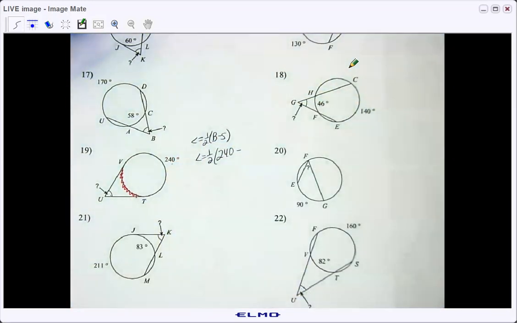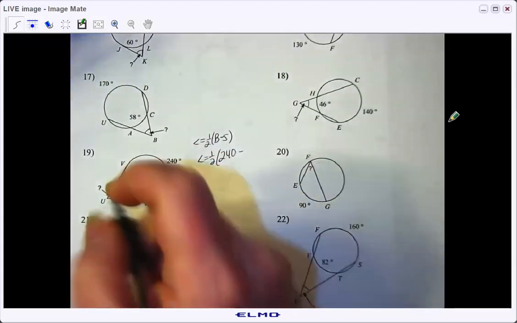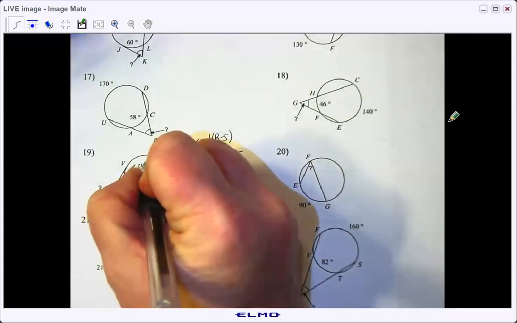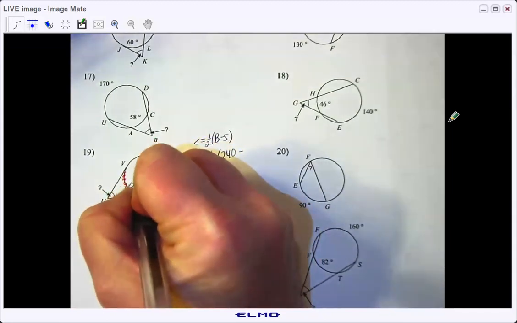Anybody have any ideas? 120. How do you know? What'd you do? Because I subtracted 240 from 360. Awesome. Yep, that's it. Because if you remember, the whole circle is 360. So 360 minus the 240 will give me the 120.